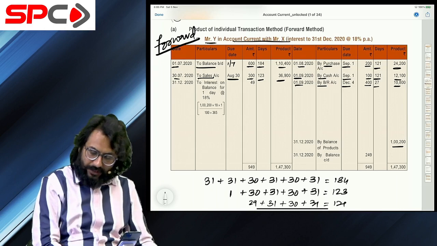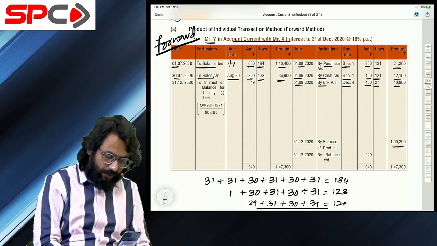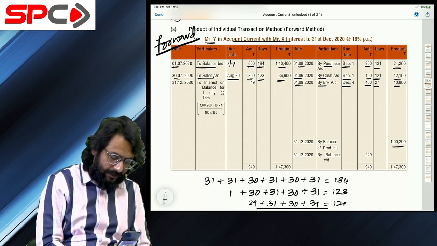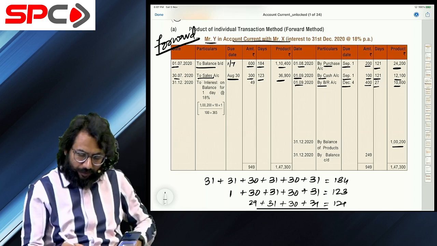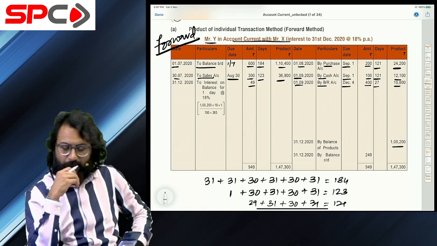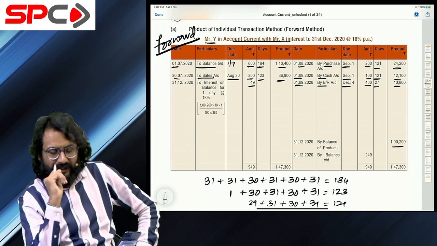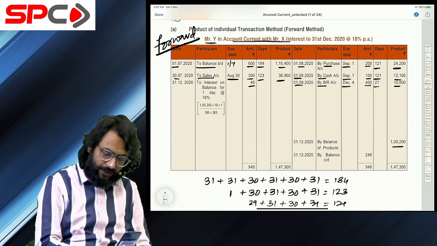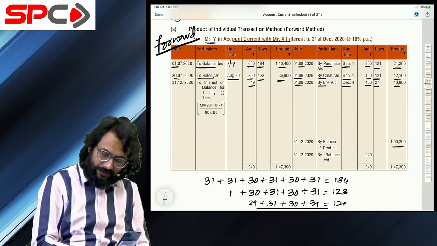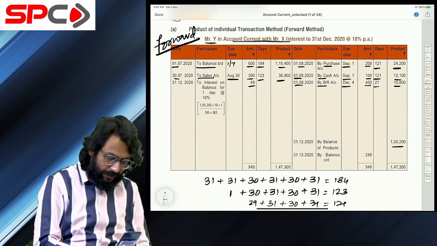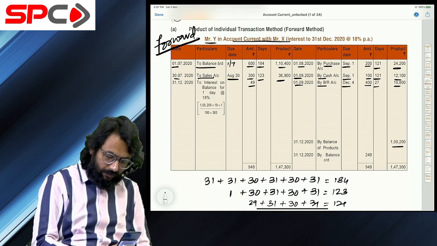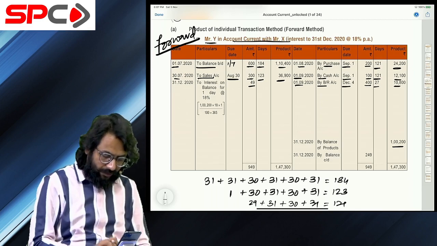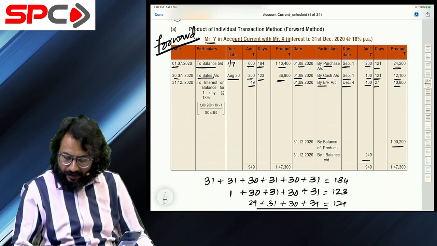So 1,02,000 into the rate of interest, 18%, divided by 365, and my interest is 49.41, and I'll write it in the amount column. Say yes. And then 600 plus 300 plus 49 minus 200 minus 100 minus 400. What is the amount? 249, and I've written it in the amount column.